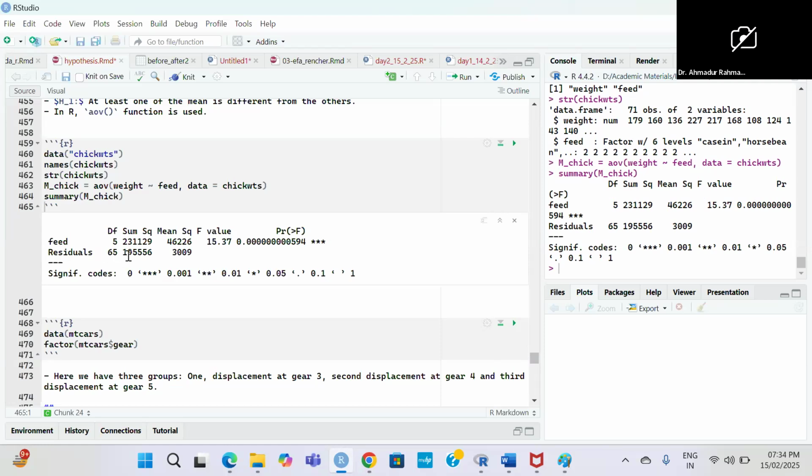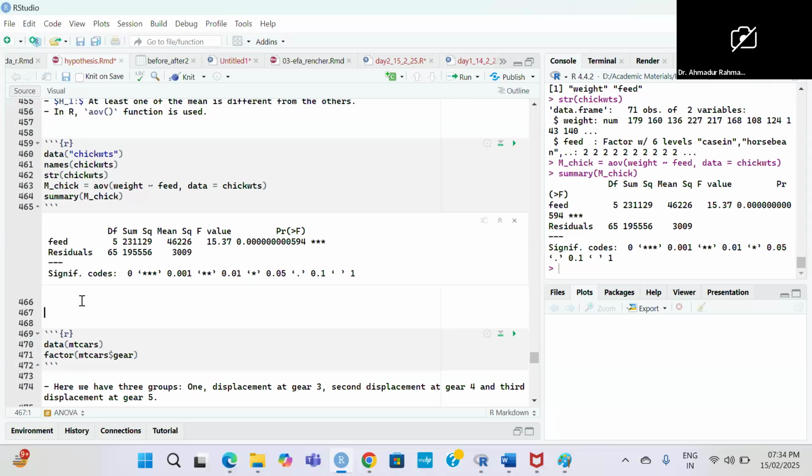Then the sum of squares due to feed and due to residual, the mean squares, then the F value and then the p value, Pr greater than F. This last column is the p value, and our p value is 0.00000 and after a long time 594, so this value is less than 0.05.